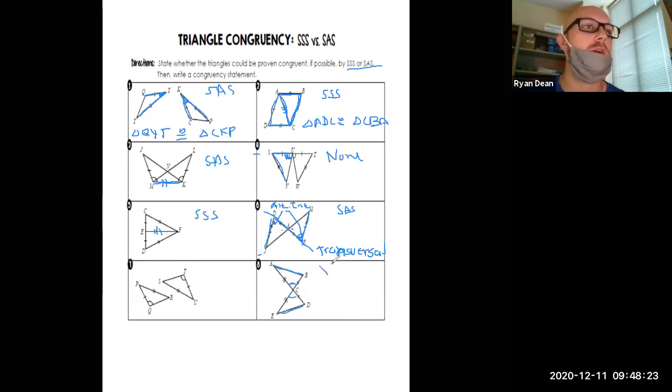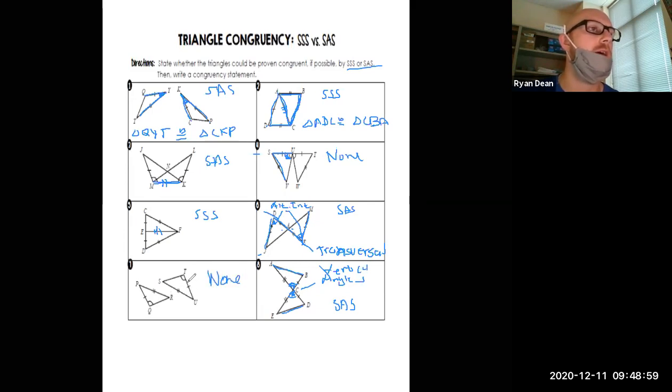Well, remember with vertical angles, the V is vertical, and the A is angles. Vertical angles are across from each other, and they look like this. We have this picture in our problem. So these two angles are congruent because they're vertical angles. So this one would be a side angle side, only because we can say that these two angles are vertical pairs.